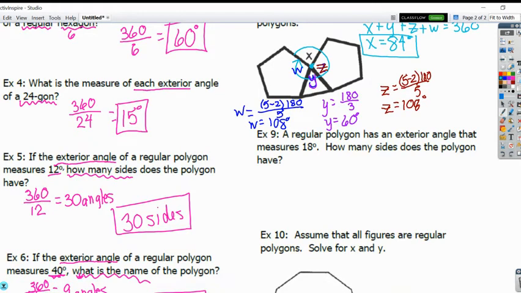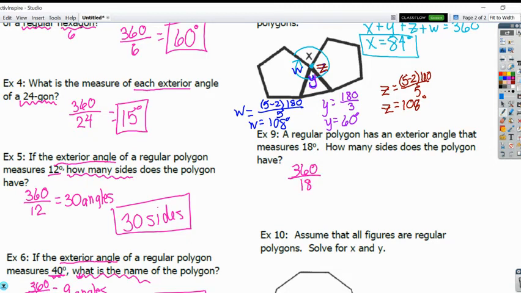Now example 9 is giving me a regular polygon, and my exterior angle here measures 18 degrees. So take that. This is going to be very similar to the examples 4 and 5 that we went through. I know 360 degrees is my total exterior measurement.